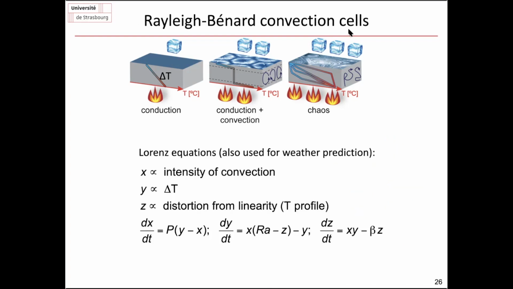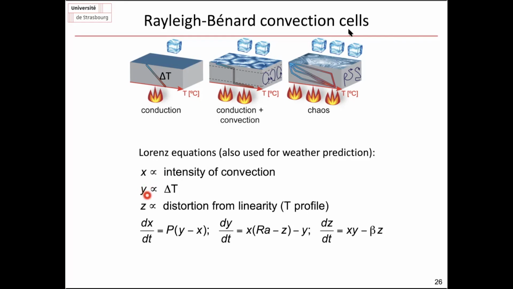Okay, so this behavior was described by Lorenz, and he defined a number of equations. So he defined 3 parameters, x, y, and z. So x is proportional to the intensity of the convection, so convection or not.